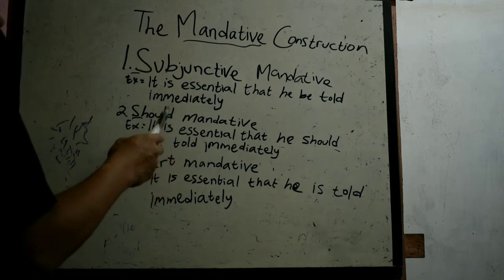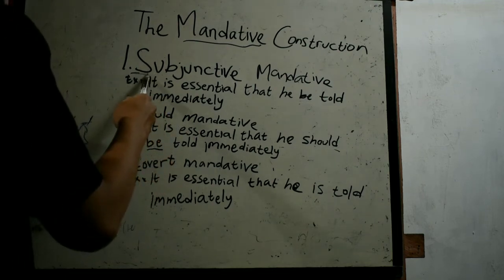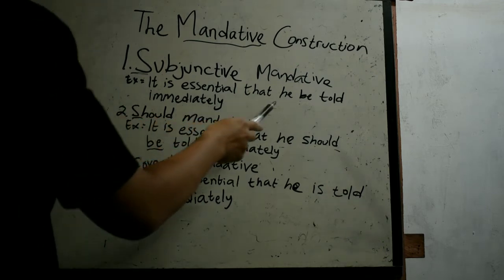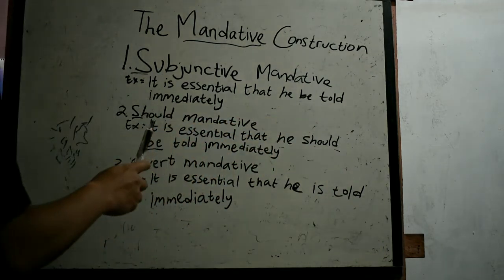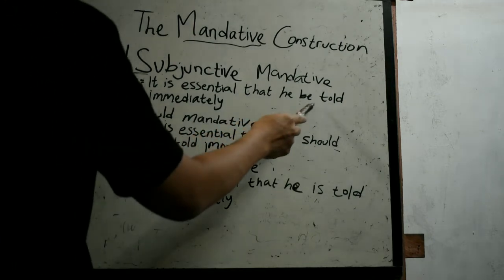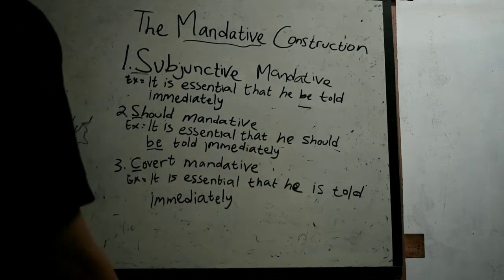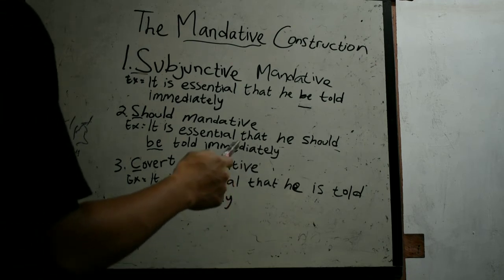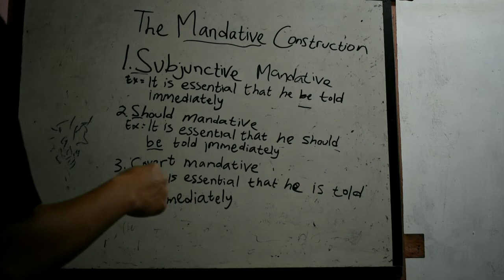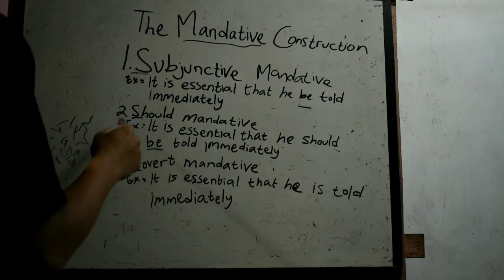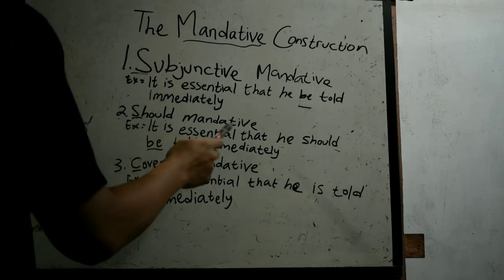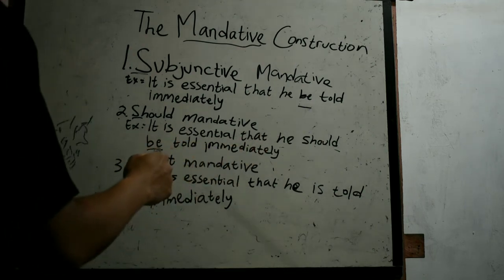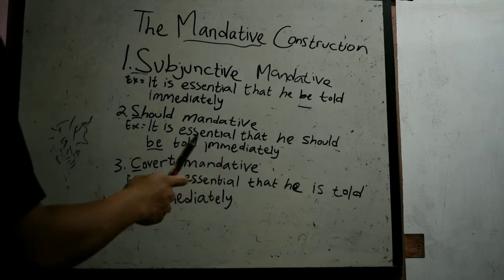The first is subjunctive mandative. For example, it is essential that he be told immediately. To be is still the present form, with no s or es added in the third person singular. And then two, should mandative. For example, it is essential that he should be told immediately.